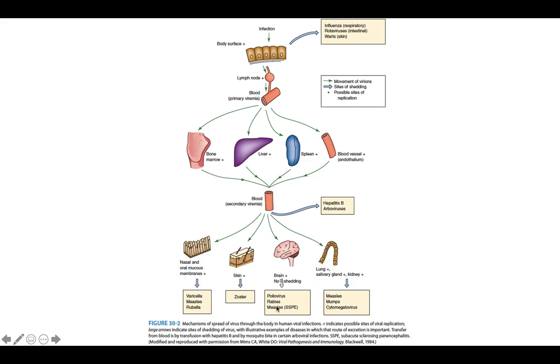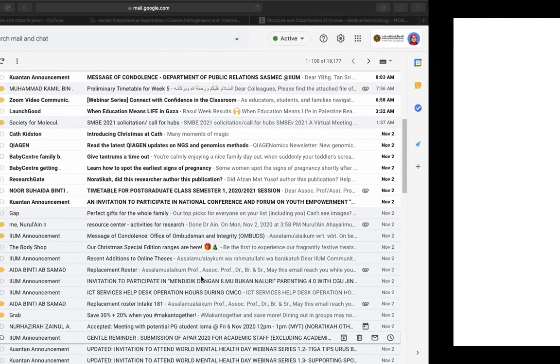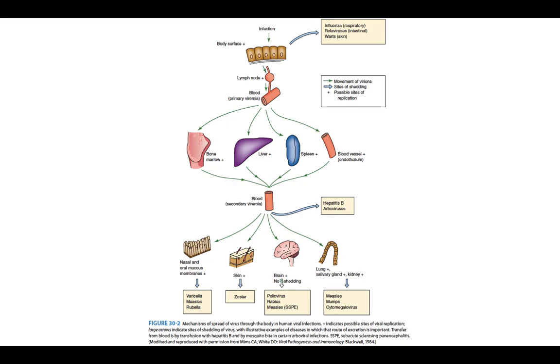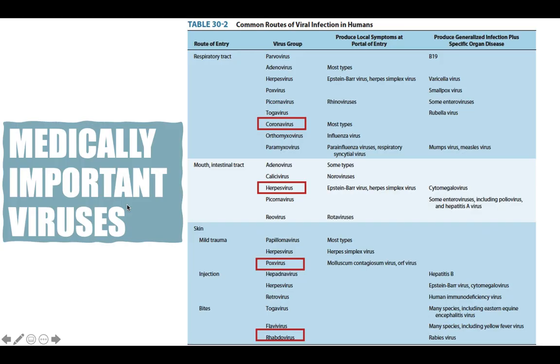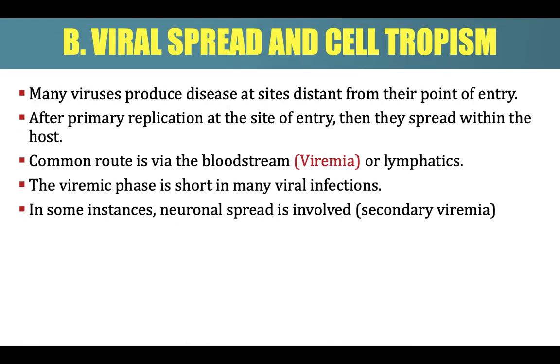For example, rabies will go to the brain. Measles, mumps, and cytomegalovirus can go up to the lungs. Sorry, let's move back.